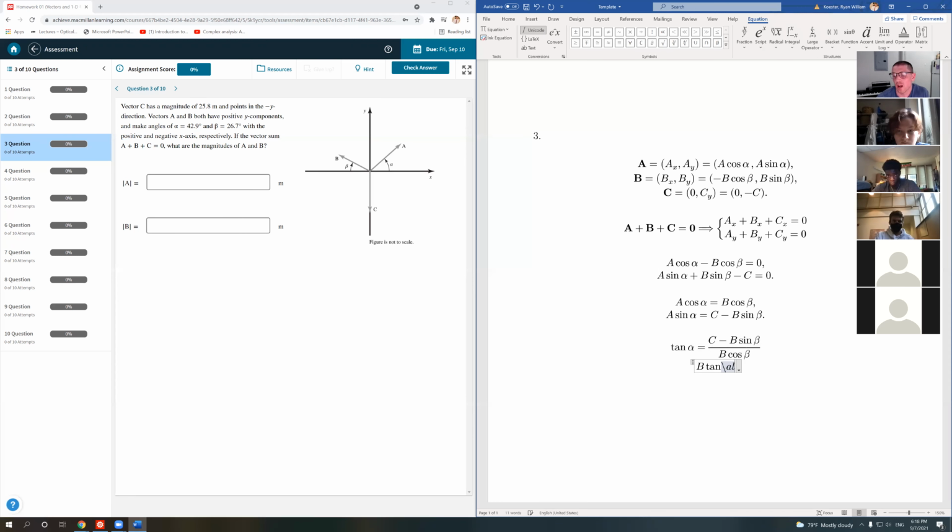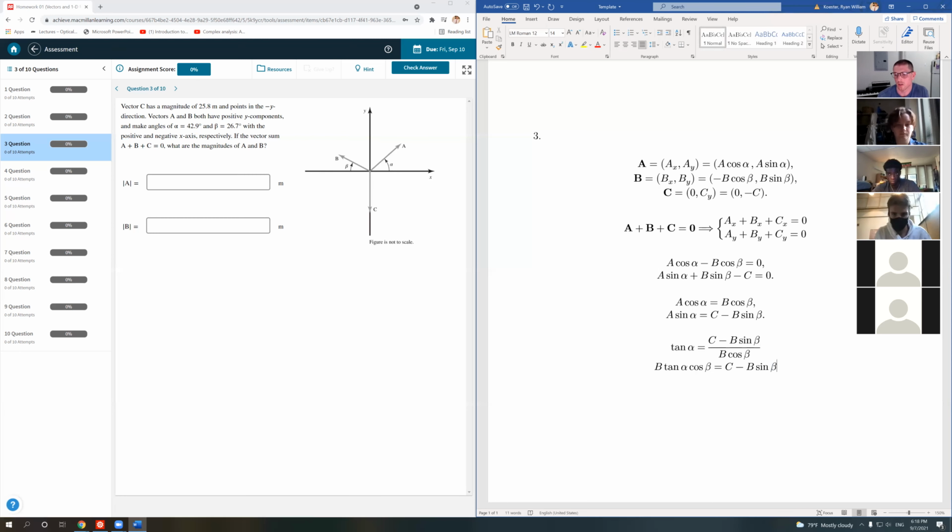So what I would do is multiply both sides by B cosine beta, right? So I would wind up with B tan alpha, B cosine beta on the left. And then I would have C minus B sine beta over here. Then I would add B sine beta to both sides.